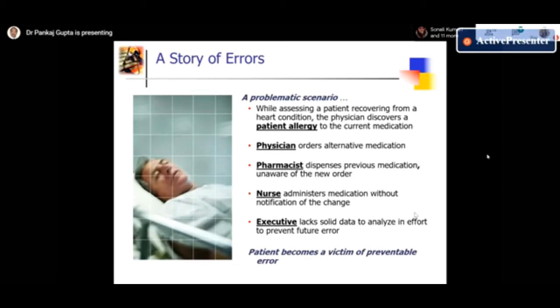And these kinds of things happen quite often. This is a scenario where you do not have a CPOE BCMA system built in, right? Or you may have CPOE BCMA, but it is broken between different systems. The pharmacist is using a different system, the nurse is using a different system, the doctor is using a different system, and they're not integrated using the same standards. Why do we keep harping on standards?